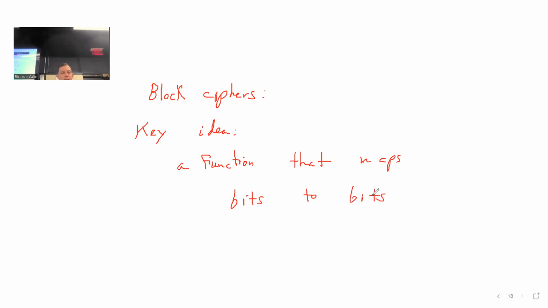Right, that's basically it. In this case, you do articulate that it is n bits to n bits, to specify the size of the input and the output. So we then have a block of n bits and a block of n bits.